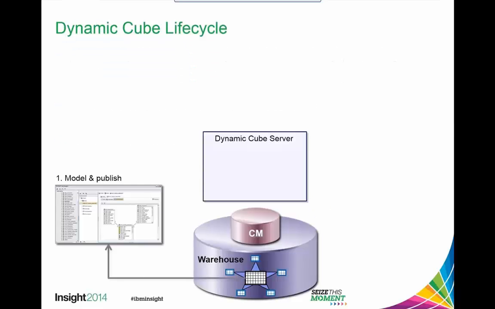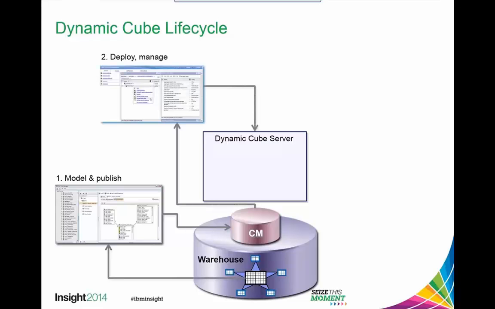From your data warehouse, you will still use Cognos Cube Designer to do your modeling of the cubes, as well as publishing those cube models to the content store. From there, you still use Cognos Administration Portal to deploy your cubes to a dynamic query server, as well as managing the lifecycle of that cube, starting it, stopping it, refreshing caches, and so forth.